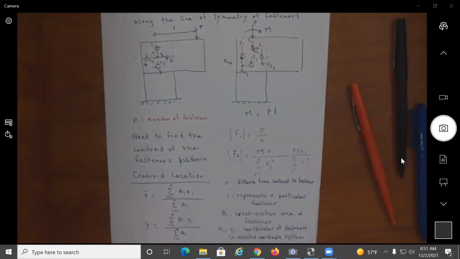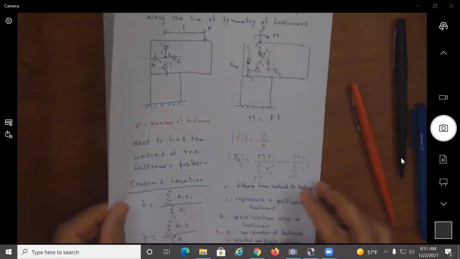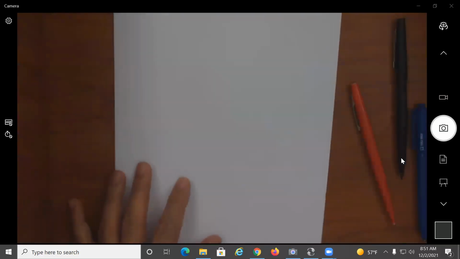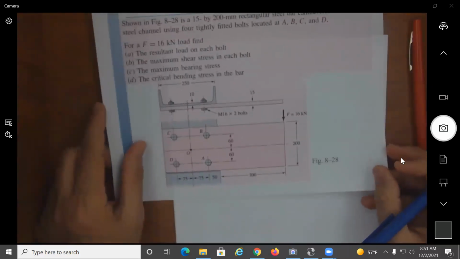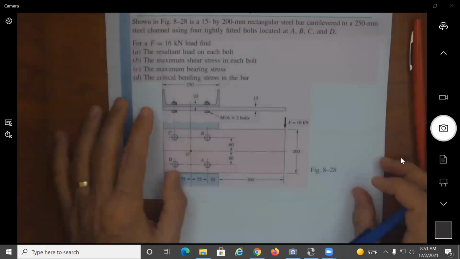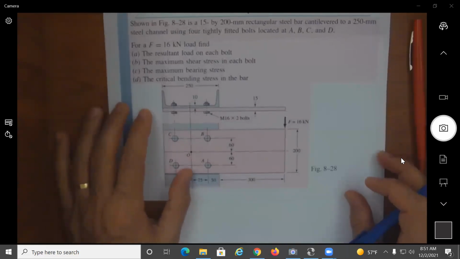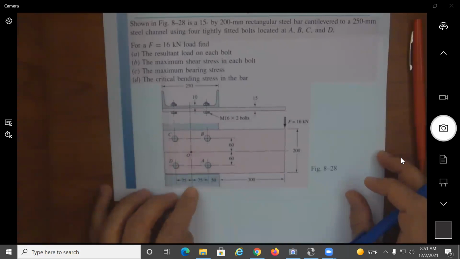Any questions so far? Okay, let's work out an example. The example we want to work out is, in this figure, we have a 15 by 200.